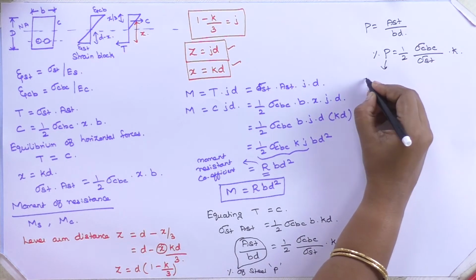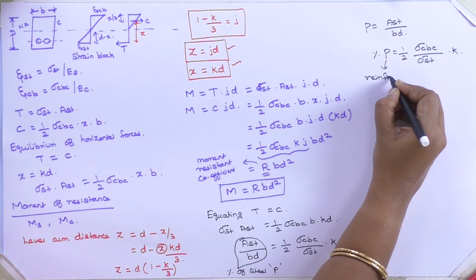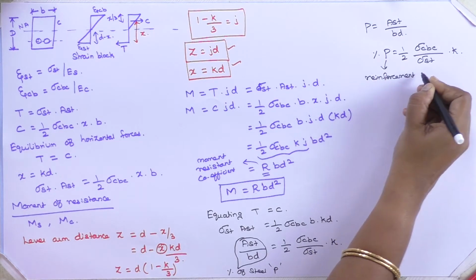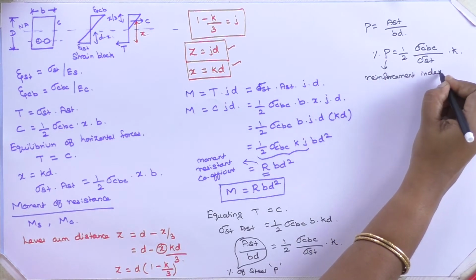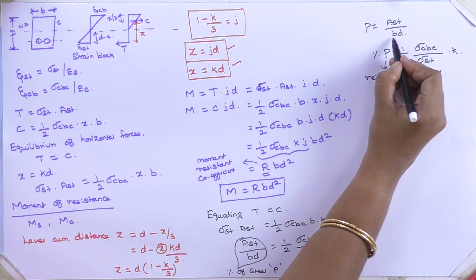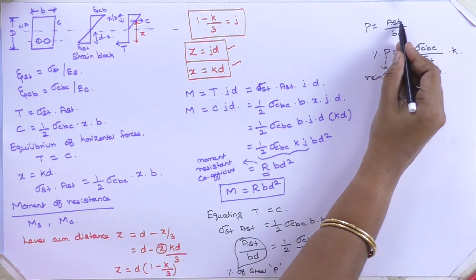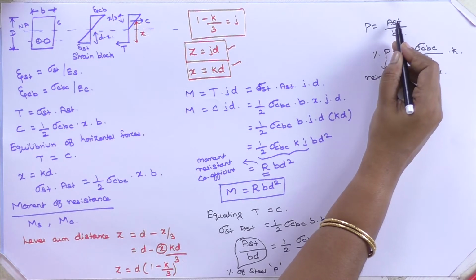This is also called as reinforcement index. For a particular section of beam B into D, what is the percentage of steel being provided in the beam?